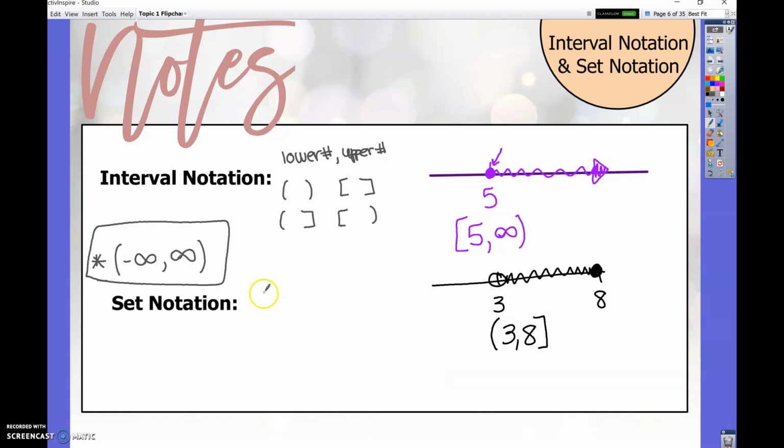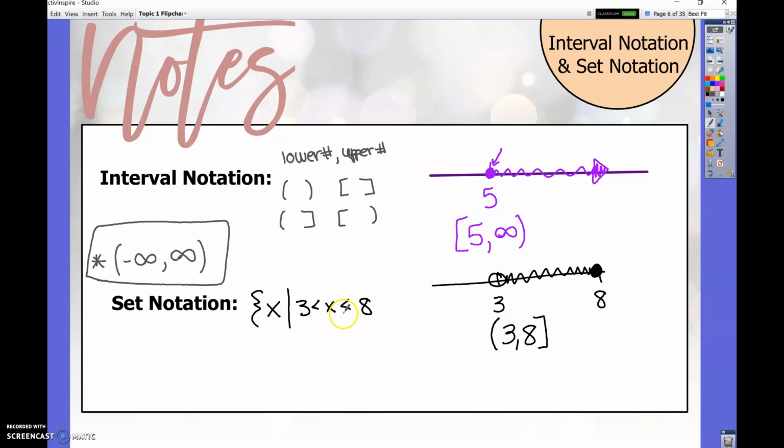Set notation, on the other hand, has these braces with the variable you're working with, followed by your bar. And let's say, for example, on my bottom number here, I wanted to say that it's between 3 and 8. 3 is my lower number, 8 is my higher number, and that x value must be between 3 and 8.